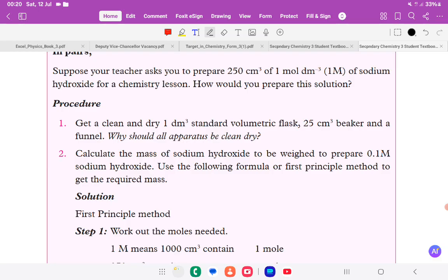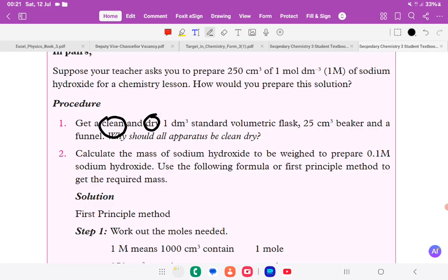The volumetric flask needs to be dry, and also it has to be clean.